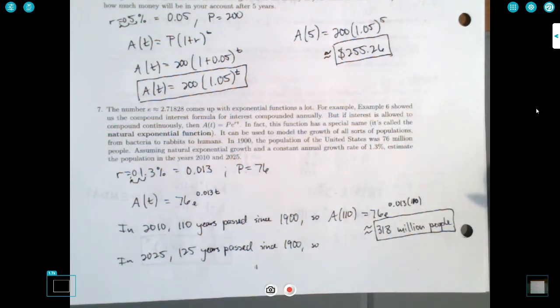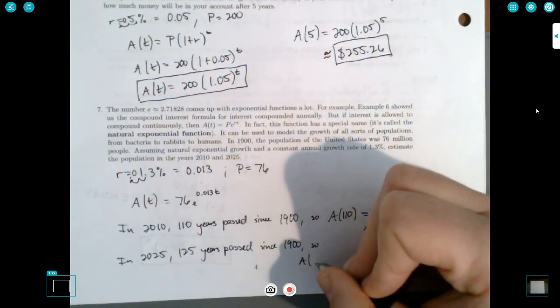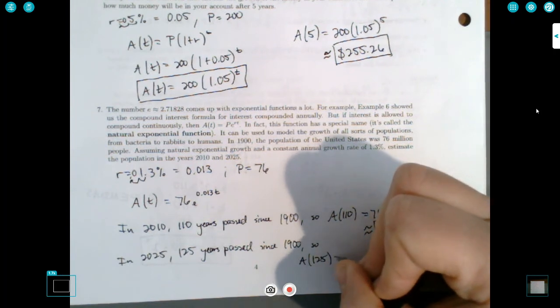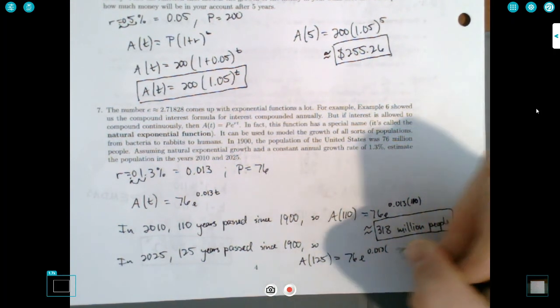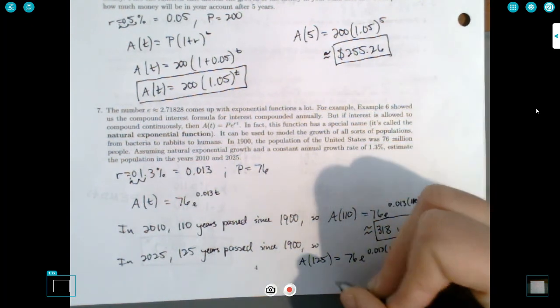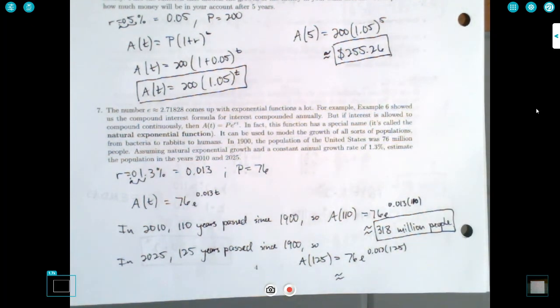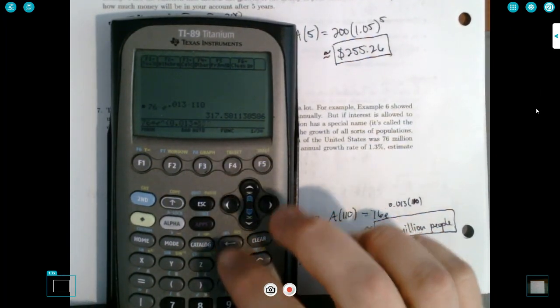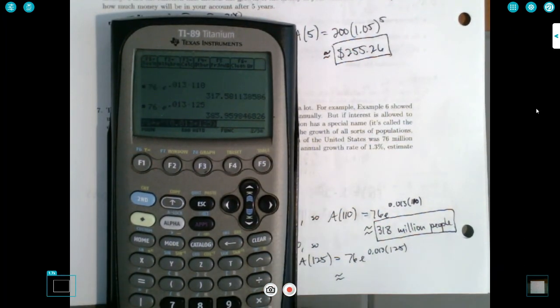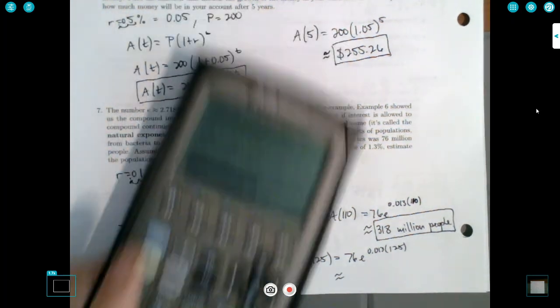So A of 125, that would be 76 times e to the 0.013 times 125. Plug that into your calculator and let's see. I'm just going to go back and change this to 125. That's about 385, if I round it to the nearest million, 386 million people.